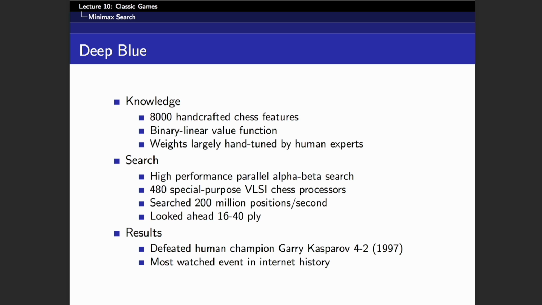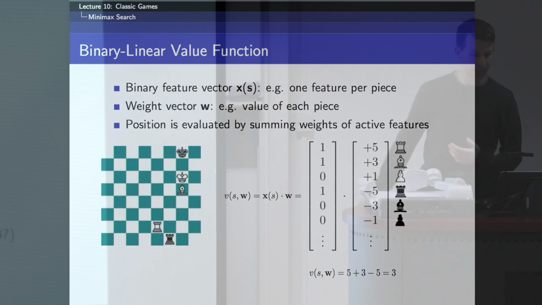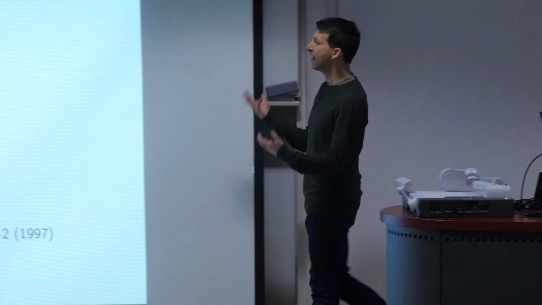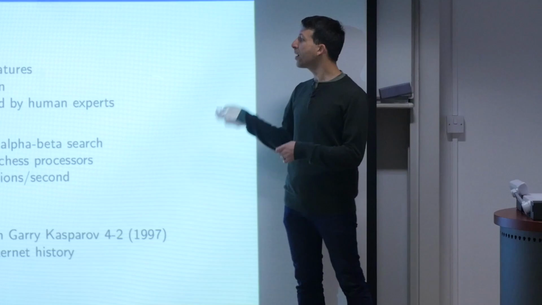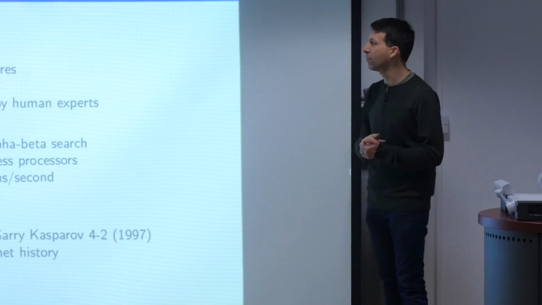It had about 8,000 of these handcrafted chess features. So instead of just having the piece values, this vector was about 8,000 long with all kinds of handcrafted features, talking about things like king safety and pawn structure and other stuff. And it had a binary linear value function, and the weights were largely hand-tuned by human experts, although there was a little bit of machine learning they experimented with.